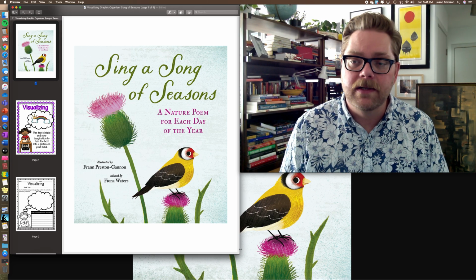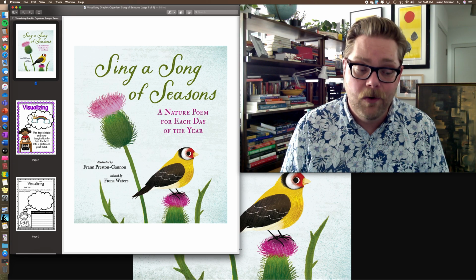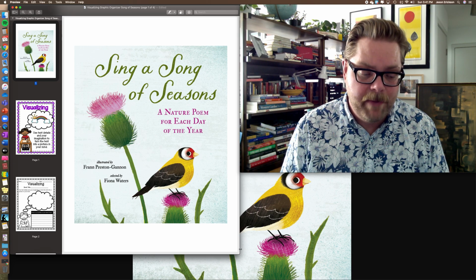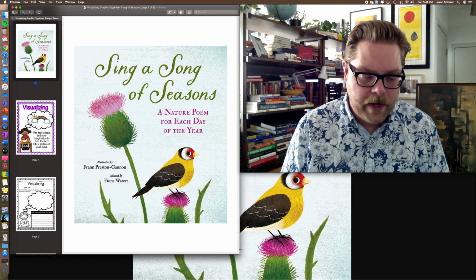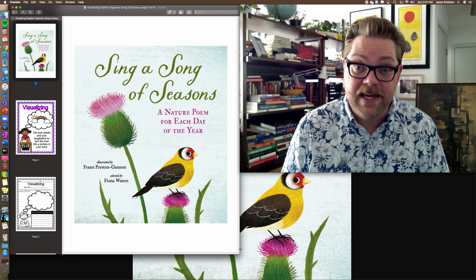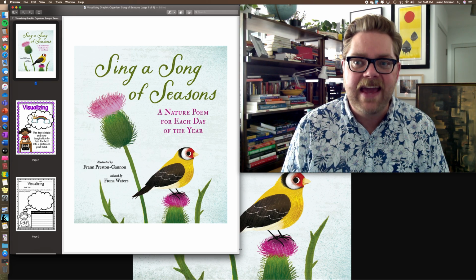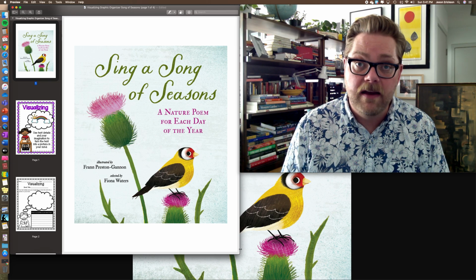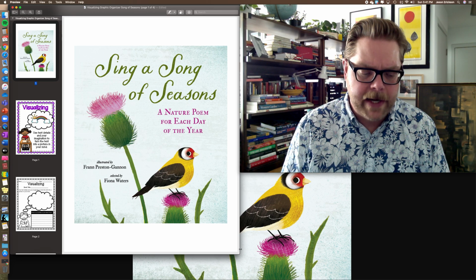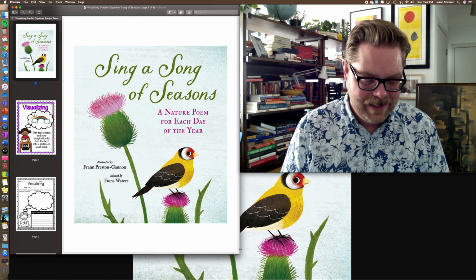Busy bugs. Out in the garden, look down low, see all the busy bugs come and go. Wriggly bugs that can't keep still, tiny bugs that build a hill, shiny bugs that feed on leaves, spotty bugs that climb up trees.